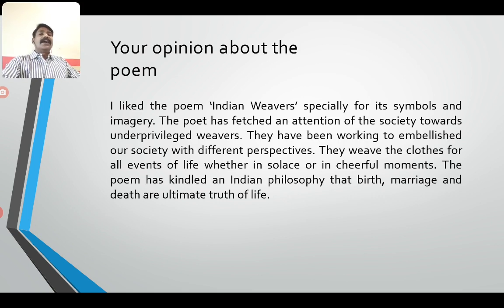So let's see. I like the poem Indian Weaver especially for its symbols and imagery. The poet has drawn the attention of society towards underprivileged weavers. They have been working to embellish our society with a different perspective. They weave clothes for all events of life, whether in solace or in a cheerful moment.